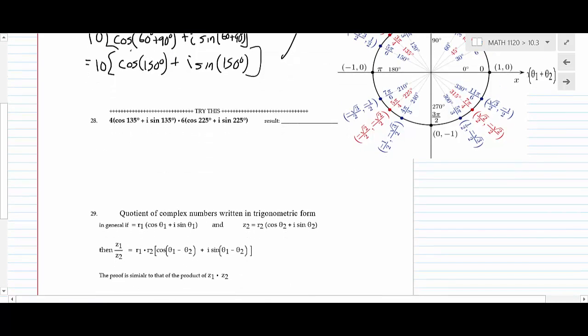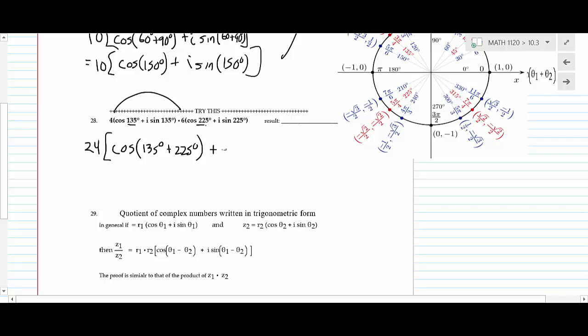Let's do this next one together, and then we'll do the last thing on here with the quotient. I'm not going to prove the quotient, but the proof is pretty similar. So this one we just do 4 times 6, which is 24. Then we do the cosine of 135 plus 225, just adding those angles together.